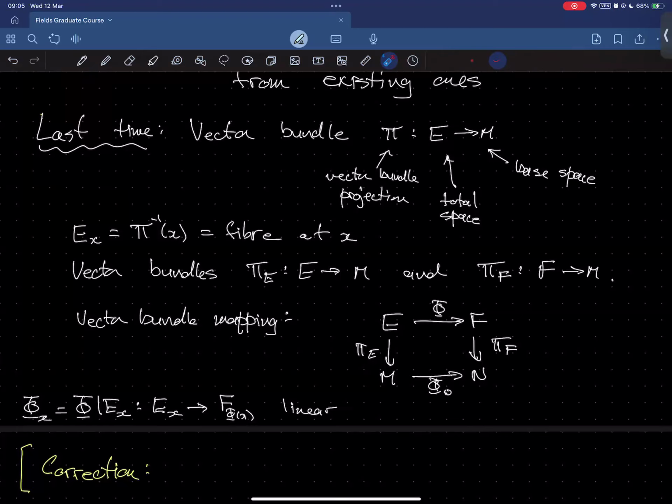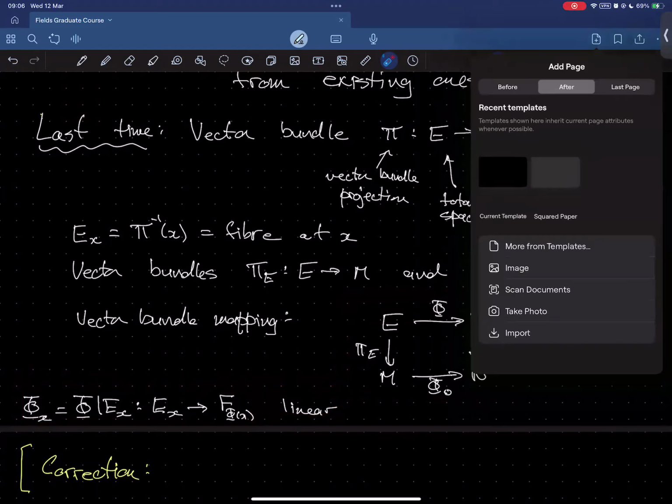And the idea is that this mapping phi takes a fiber over a point in M and maps it to a fiber over the image of that point under the mapping phi naught. Okay, so this diagram means that I have a mapping like this, phi sub x, which maps the fiber at x to the fiber at phi of x, and so that there exists a mapping like this. That follows from the diagram, okay? And it's a vector bundle mapping when this thing is linear, okay? Okay, good. So that's where we were.